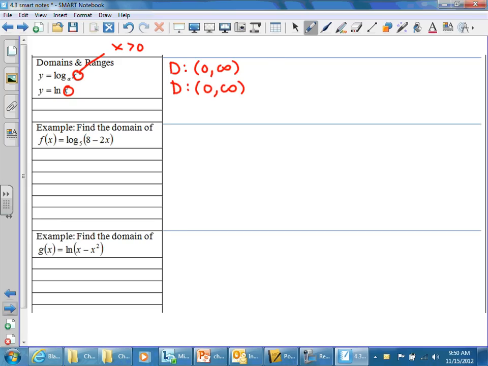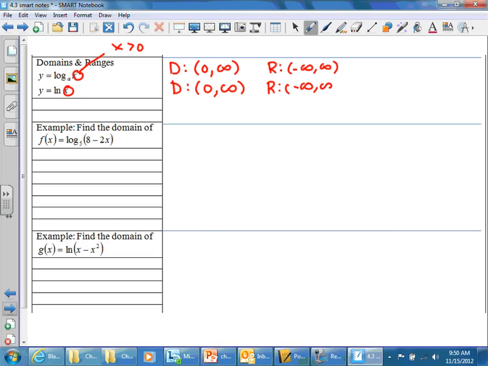Your range is always going to be all real numbers. And you can always look in the calculator to see when you have the base 10 or the base e. So you cannot have a non-positive number inside of a log.